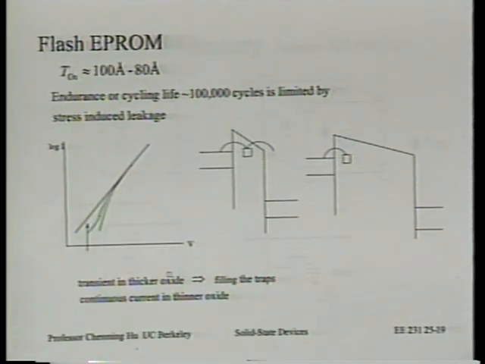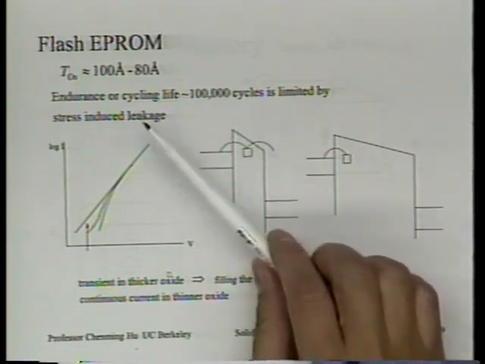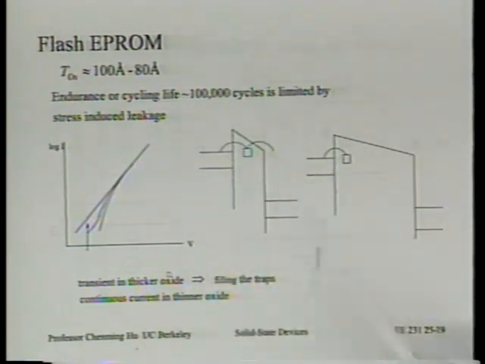But it's something that, as a result of competitive force in the market, everyone's trying to meet. And the reason that after this transistor has been written and erased a certain number of cycles, it is no longer good, is called stress-induced leakage.